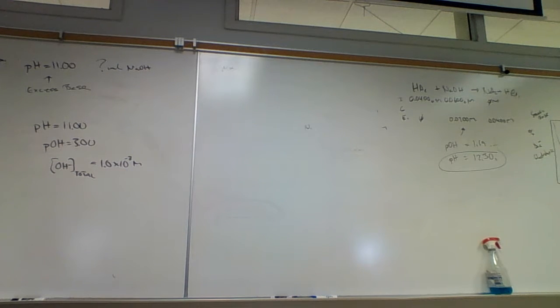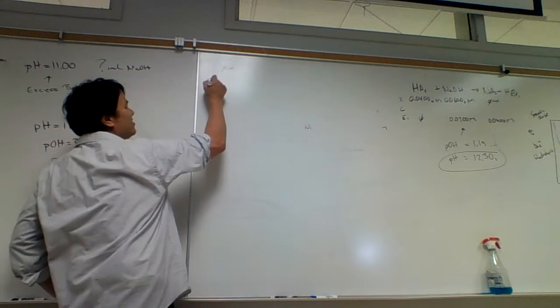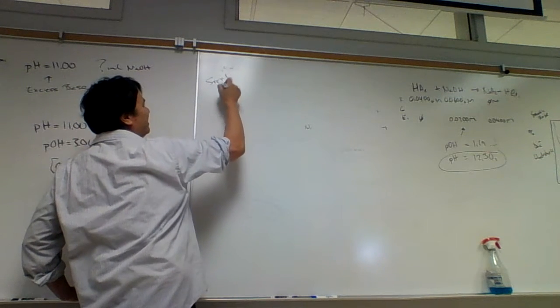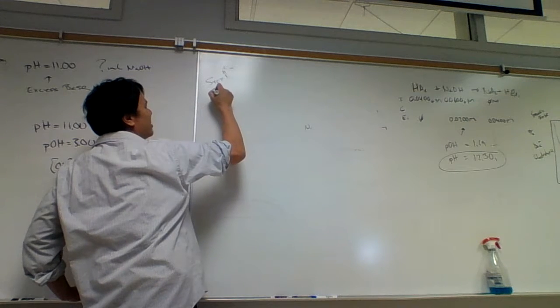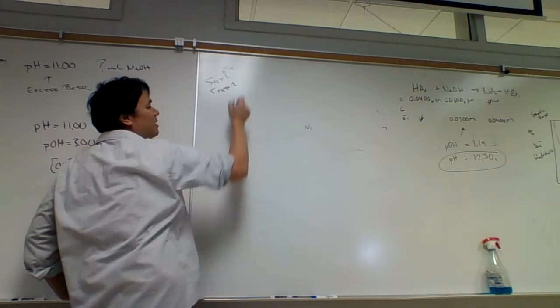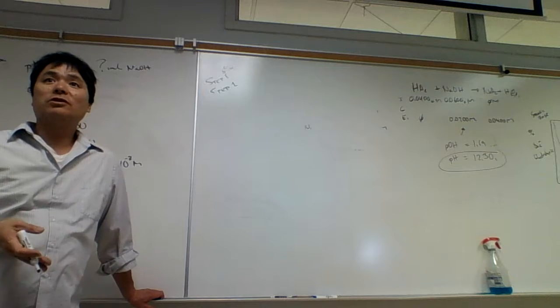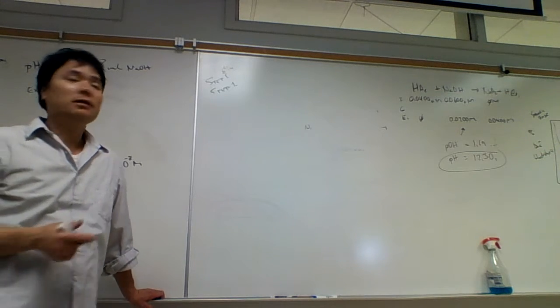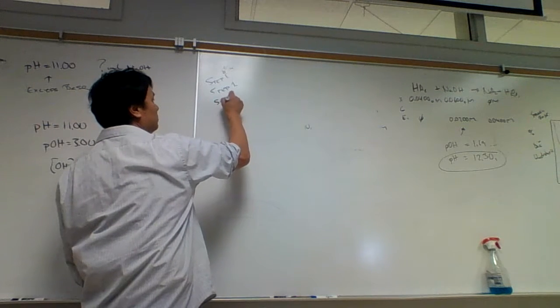So in the excess base region, what are the steps? In the excess base region, I have step I, then I have step 1. Step 1 would be the acetic acid goes to sodium hydroxide. Then I have potential step 2.